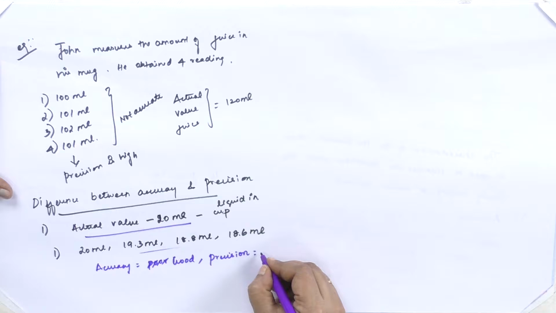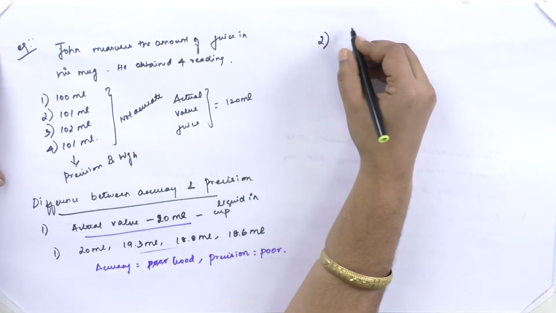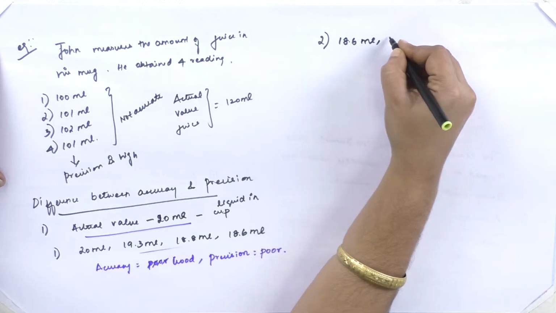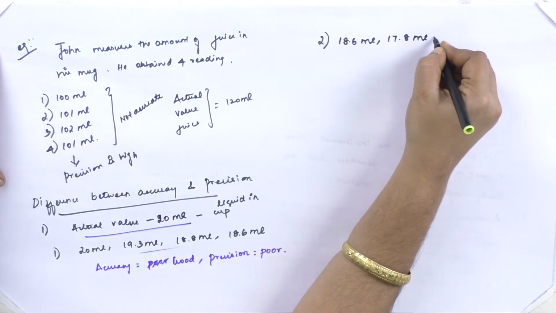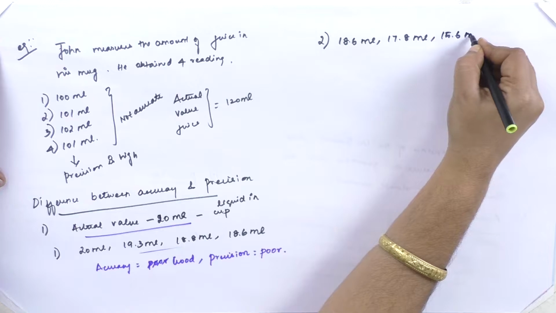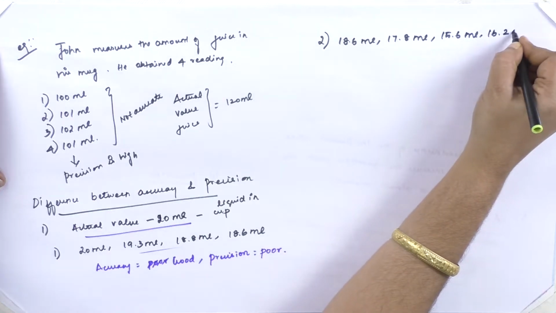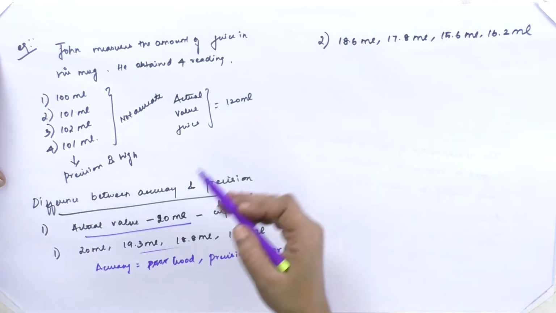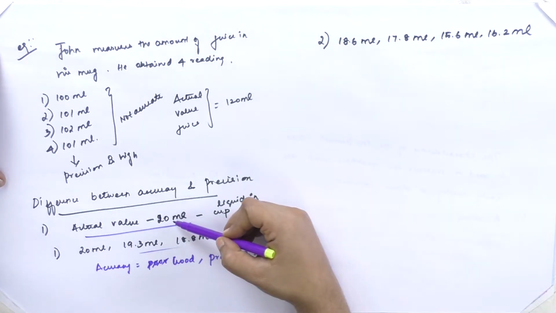So we can say that the precision is poor in the case of these readings. Now let us take another example: 18.6 ml, 17 ml, 15.6 ml and 16.2 ml.